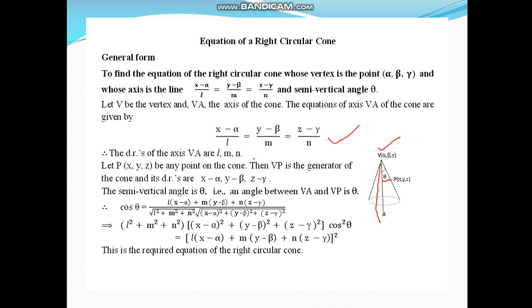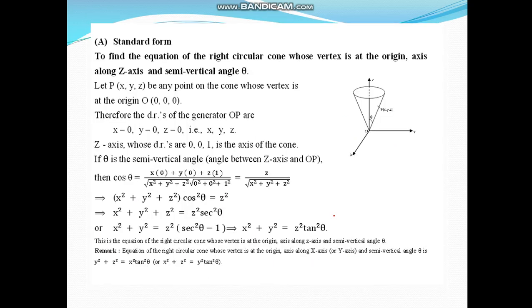You should not get confused here. l, m, n here are not direction cosines, they are the actual direction ratios. So now just cross multiply and square. So you will get this required equation of right circular cone.